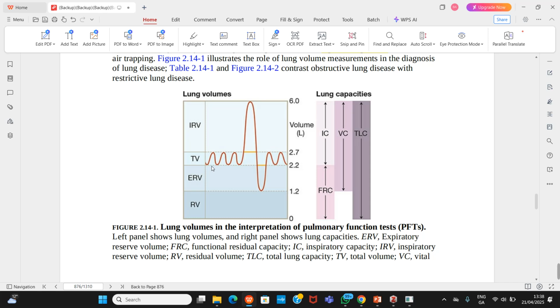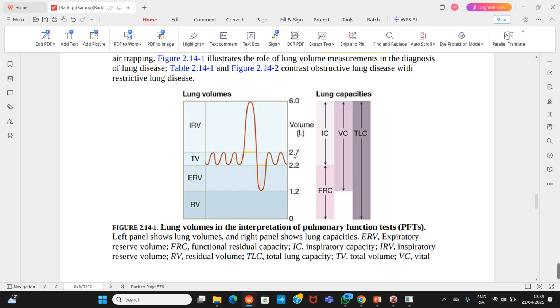So we know that the amount of air that we take in and out in a single quiet breath is what we call the tidal volume. Somebody inspires and expires just calmly, no forced expiration, no forced inspiration, just a normal quiet breath. The amount of air that is exchanged within a single quiet breath is known as the tidal volume, and that should be 500 mils.